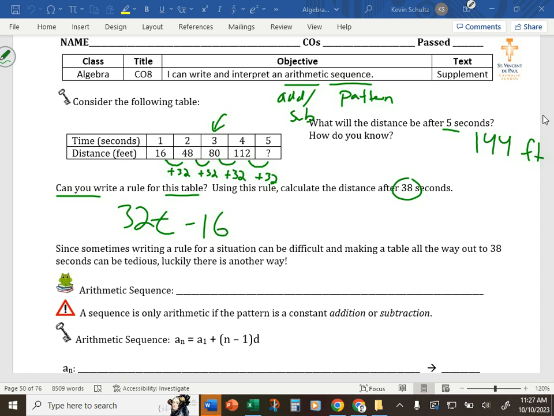So 32 times 3 equals 96. 96 minus 16 equals 80. What if we plug 5 in there? 32 times 5 is 160. Minus 16 equals 144. I think you found it. Job well done.